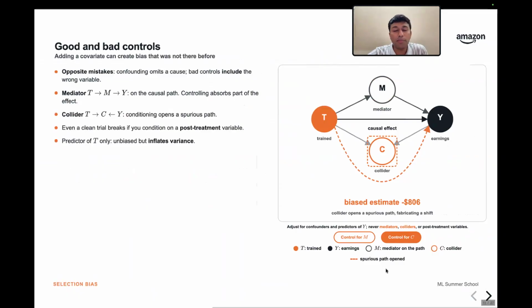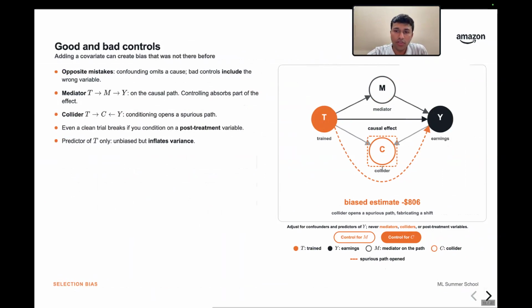The other problem that you might run into is the collider problem, right? This is another kind of selection bias that can come up, where there is one variable that is affected by both the treatment as well as the outcome, but you are holding that constant, right?